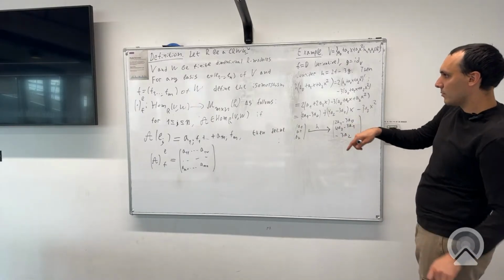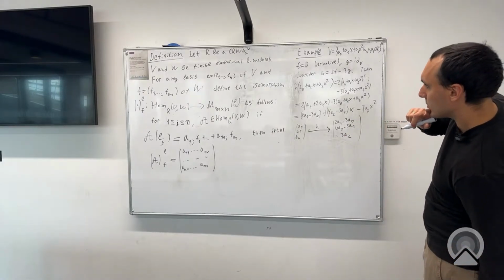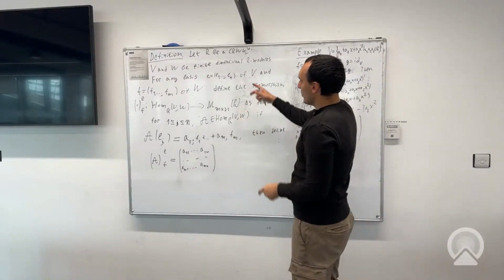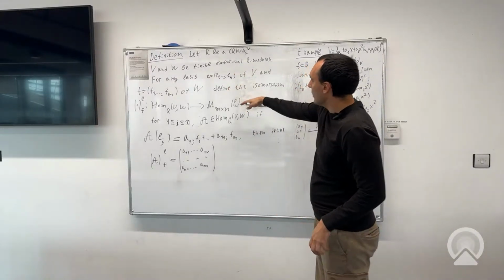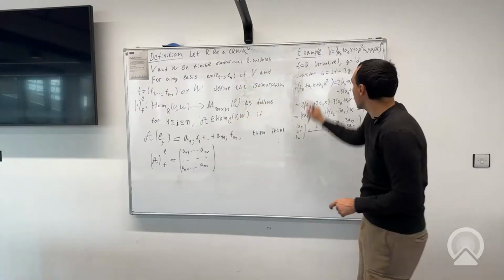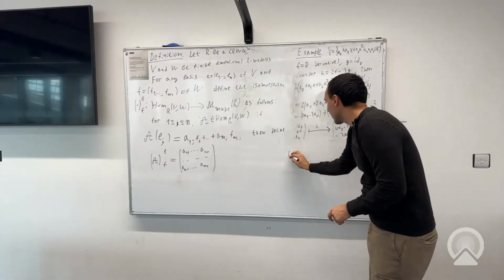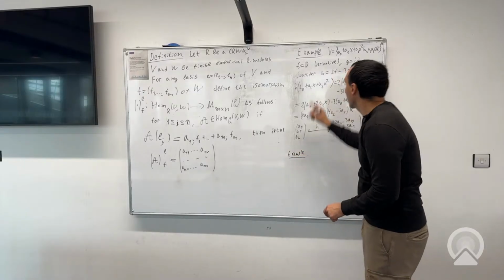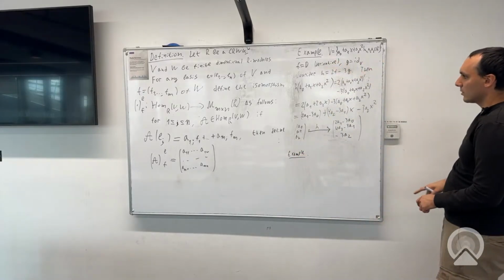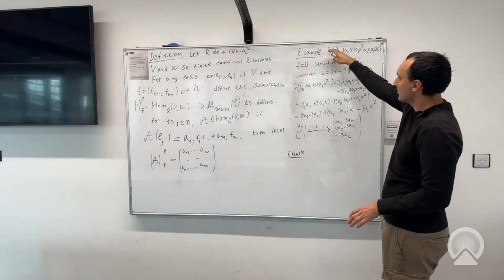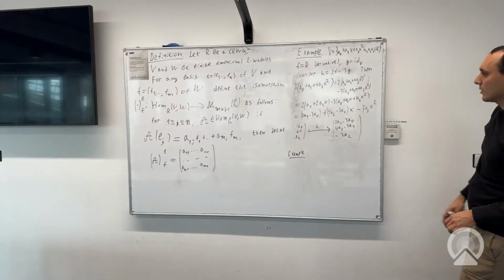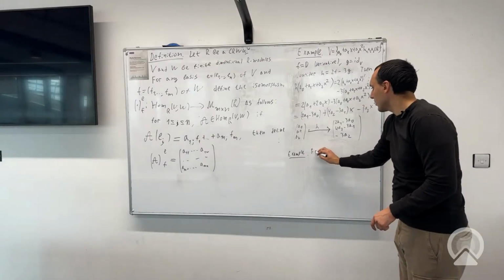Now let's give an example. So this is how you do any linear map between finite dimensional spaces. I will just continue this example from above.